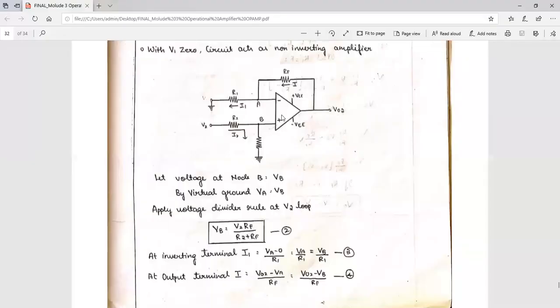So here, when I want to apply the voltage divider rule for this particular circuit to find the voltage VB, the voltage VB will be equivalent to the voltage in the same branch, multiplied by the resistance in the other branch, that is RF.